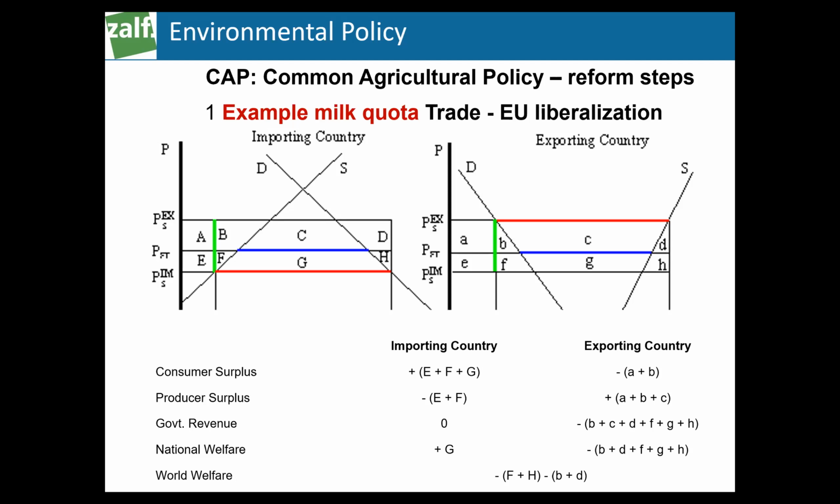And the overall welfare, the national welfare, is plus G and minus B, D, F, G, H. And the world welfare is exactly minus F and H, minus B and D. You see, minus big F and H, and minus B and D.